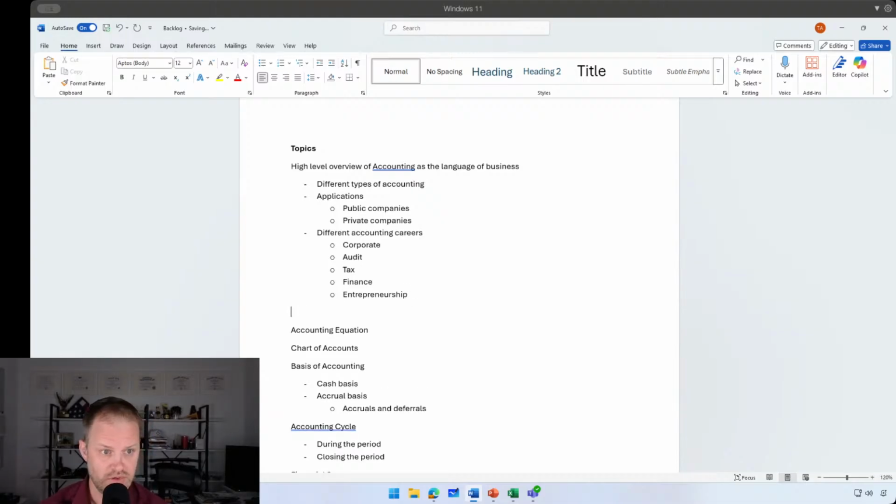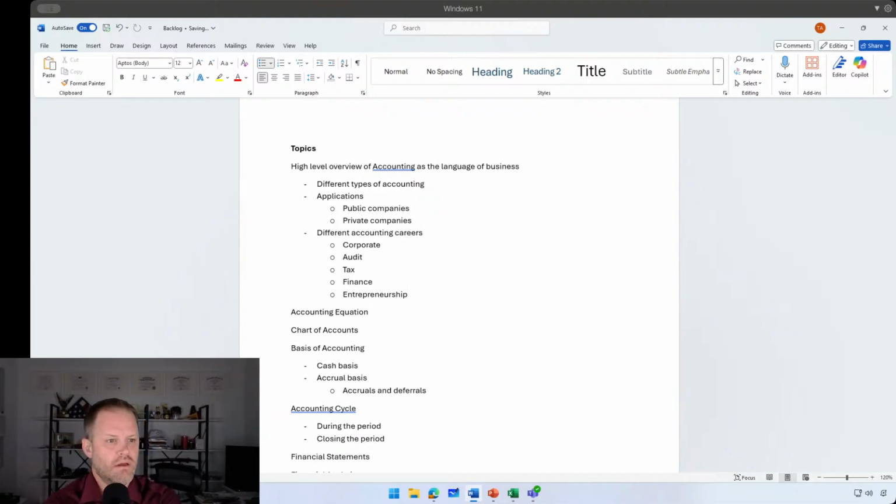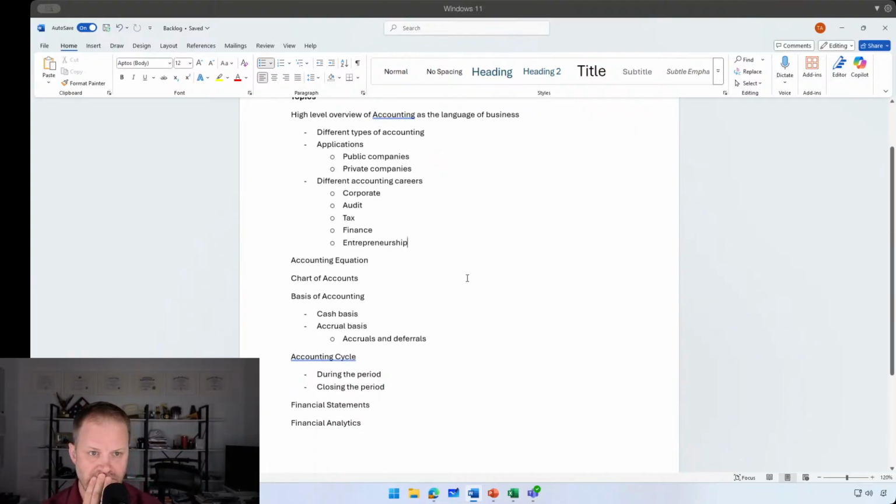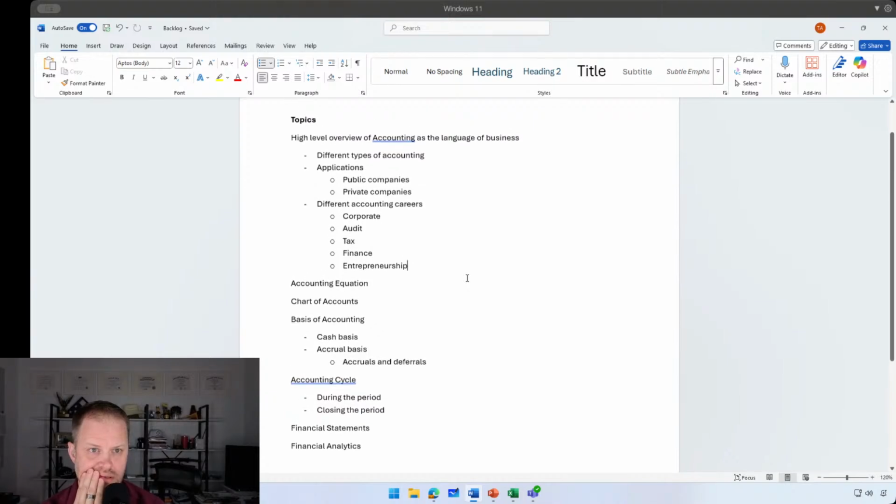This neat keyboard is really sensitive. All right. What else? This seems like a pretty good list.